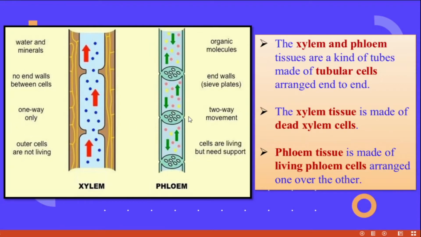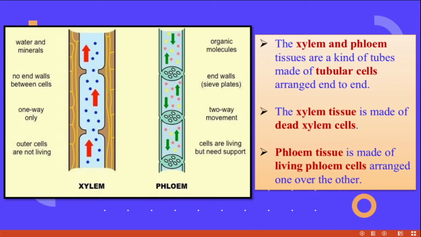Xylem and phloem tissues are kinds of tubes made up of tubular cells arranged end to end, or arranged one over the other. Xylem is made up of dead xylem cells. Likewise, phloem is made up of living phloem cells. We already said the function of xylem: it carries water and minerals from roots to the leaves. The function of phloem: it carries food from leaves to other parts of the plant.